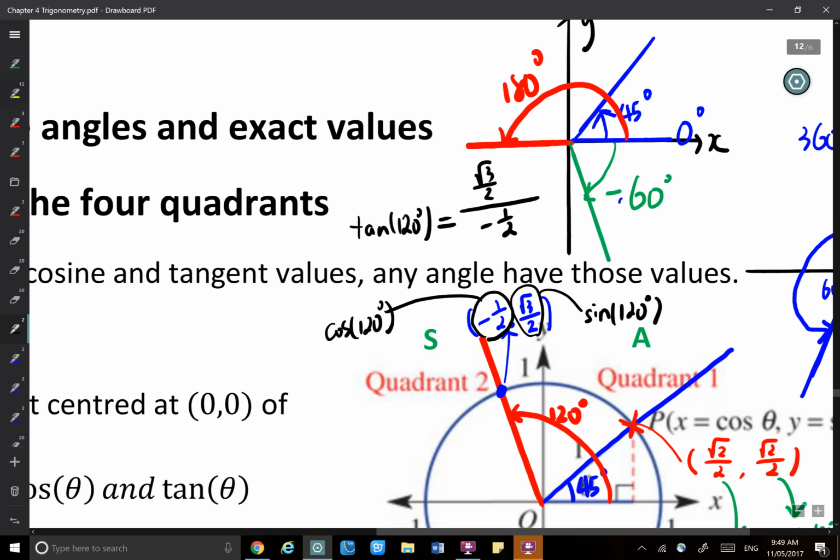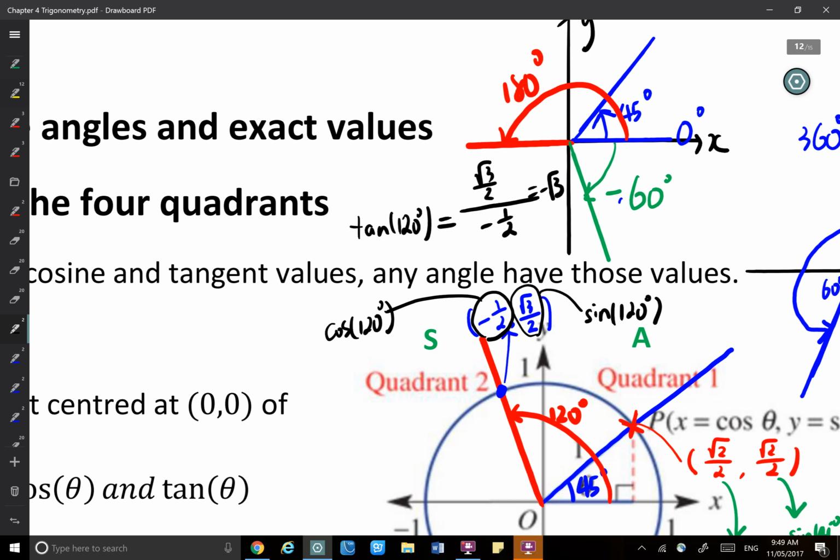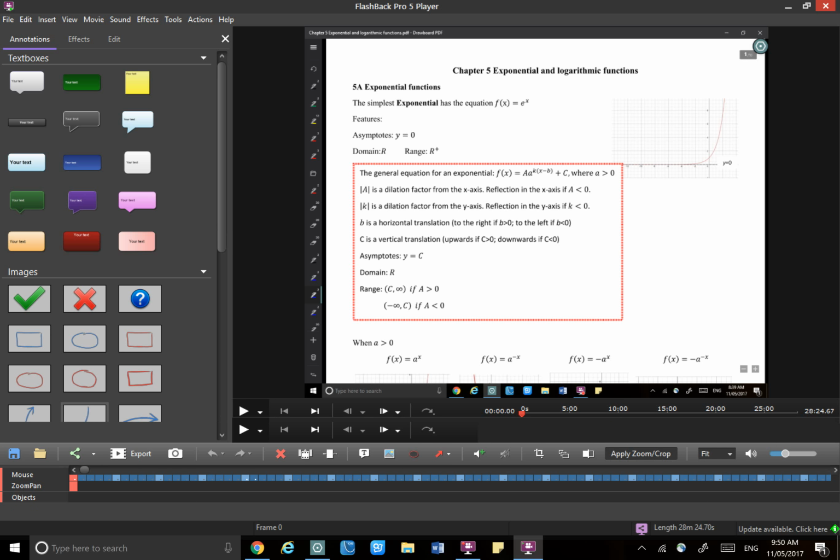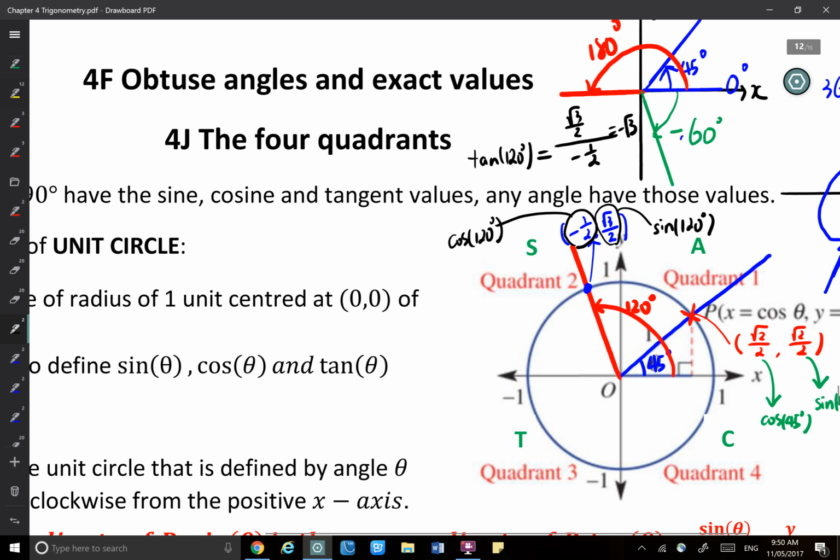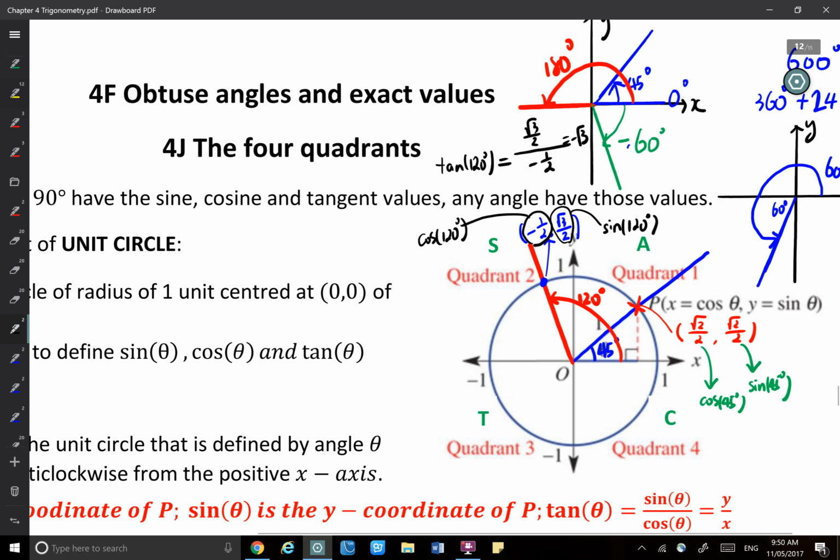The y value, which is the sine over cos, gives you negative root 3, multiplying by 2 on both top and bottom. So it's the y value over the cosine value, sine over cosine, so it's y over x. That gives you the tangent value.